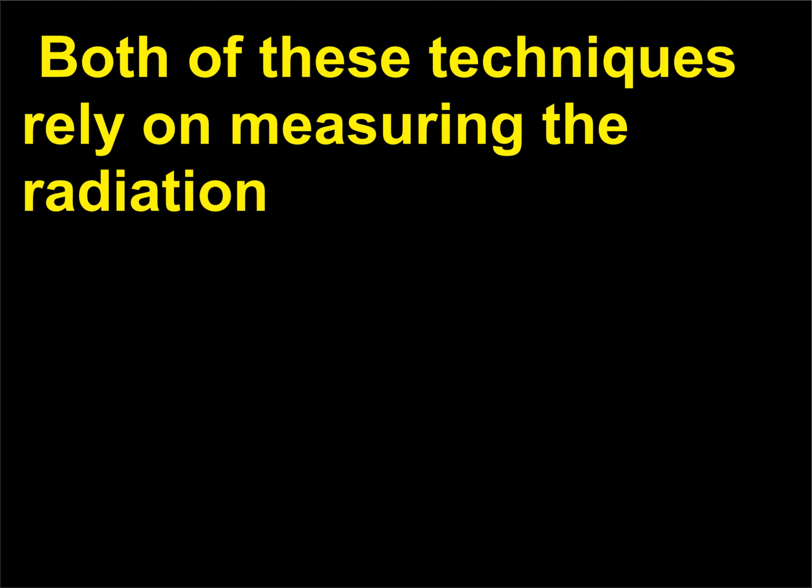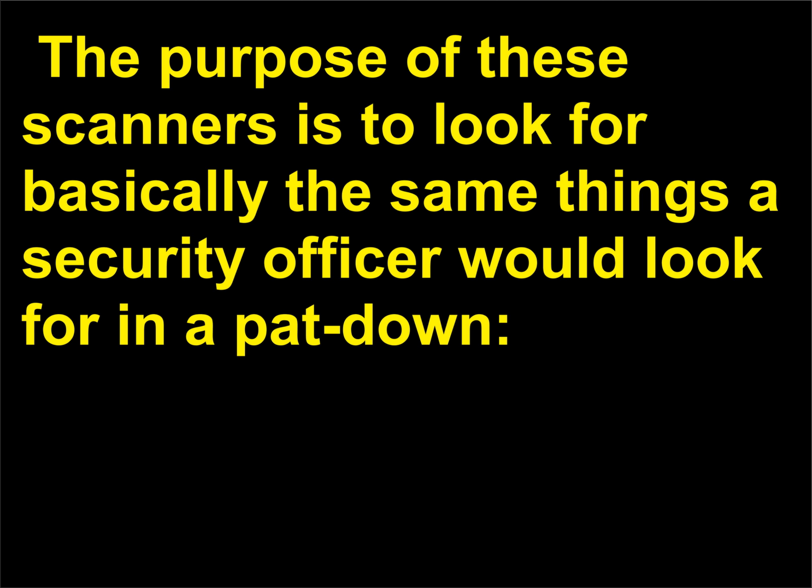Both of these techniques rely on measuring the radiation that is scattered back off of one's body to generate an image. The purpose of these scanners is to look for basically the same things a security officer would look for in a pat-down. Weapons, explosive devices, or anything else someone is trying to hide.